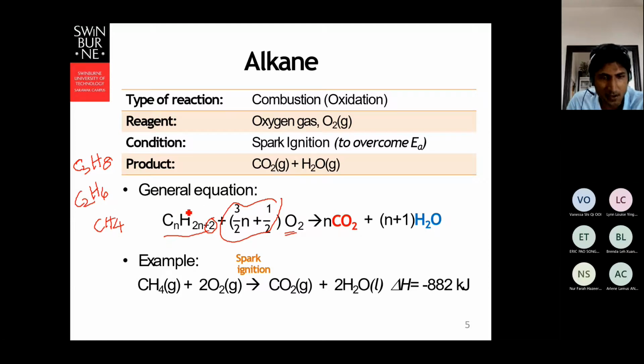That is the total number of oxygen molecules required, depending on which alkane is reacting. If you remember this formula for the stoichiometric ratio of oxygen, it is easier for us to find the number of moles of oxygen required.